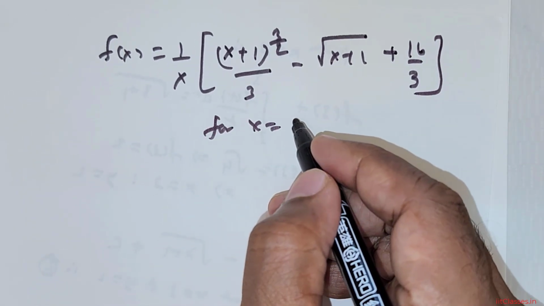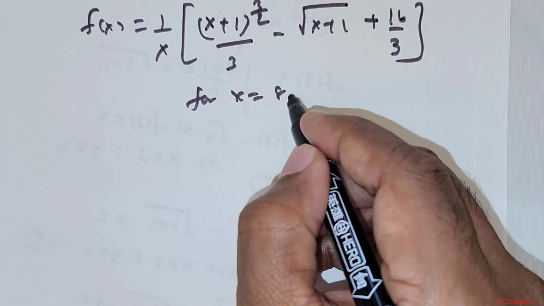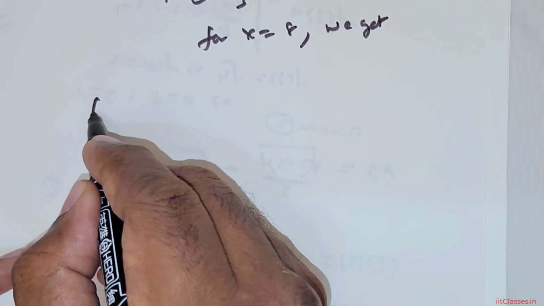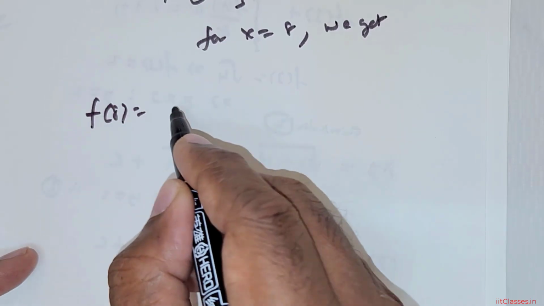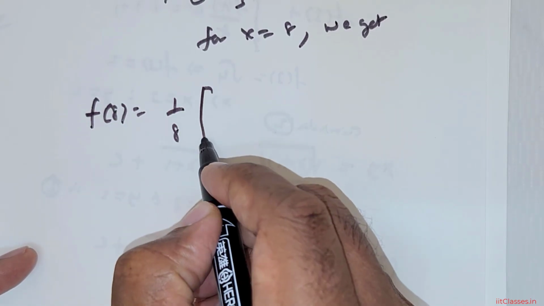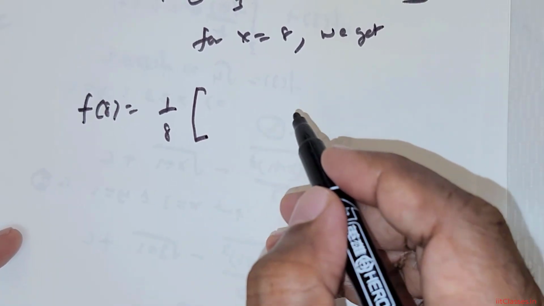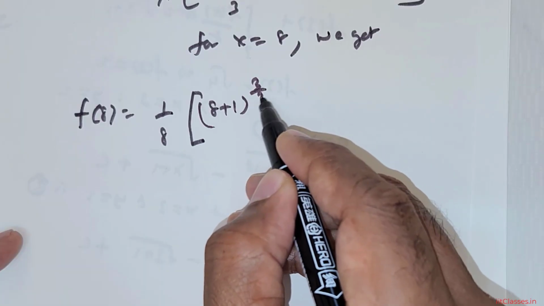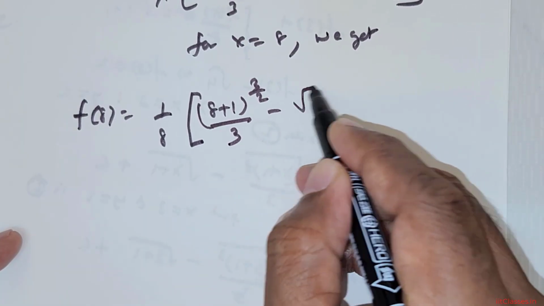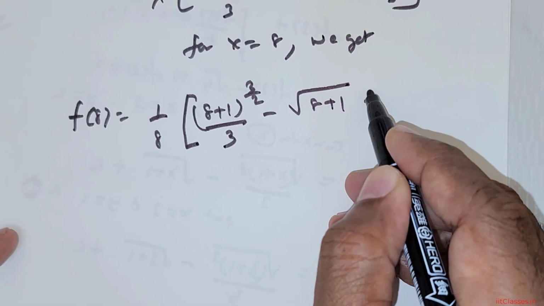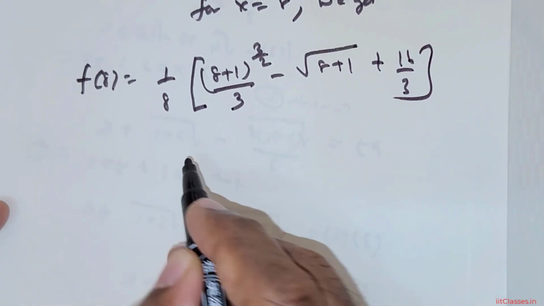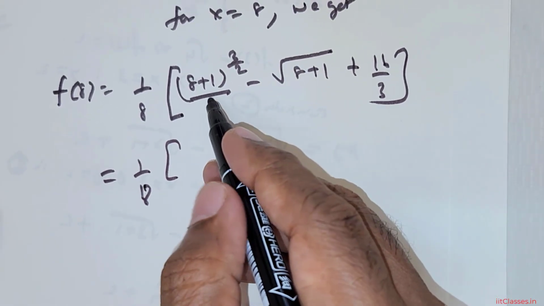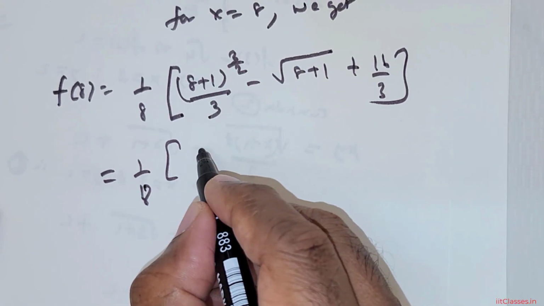So for x is equal to 8, what do we get? f of 8 is equal to 1 over 8 times, x is equal to 8, so 8 positive 1 raised to the power of 3 over 2 divided by 3 negative root of 8 positive 1 positive 16 over 3. So this is equal to 1 over 8 times, this is 9, right?